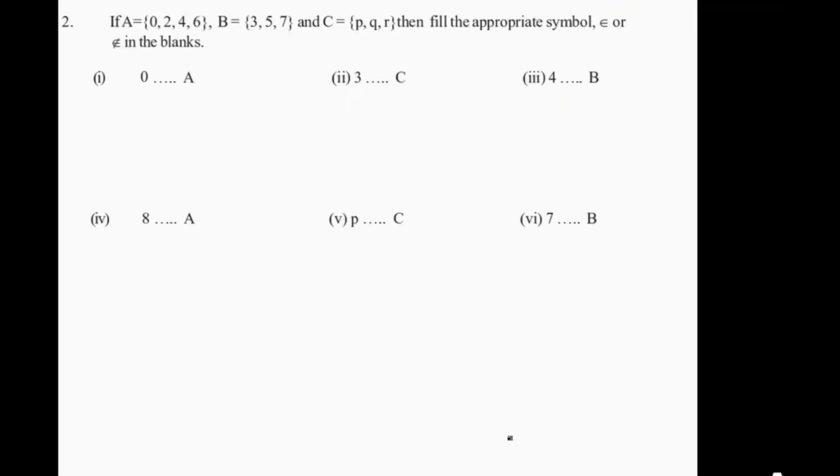So similarly, let's look at the next one here. If you read this, you have a set of elements in A, a set of elements in B, and also in C. You need to show that. See, this symbol represents belongs to, and this symbol represents doesn't belong to.